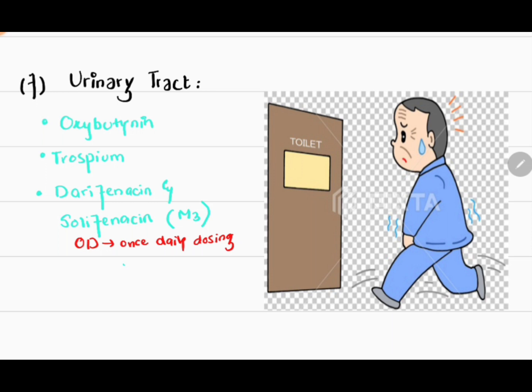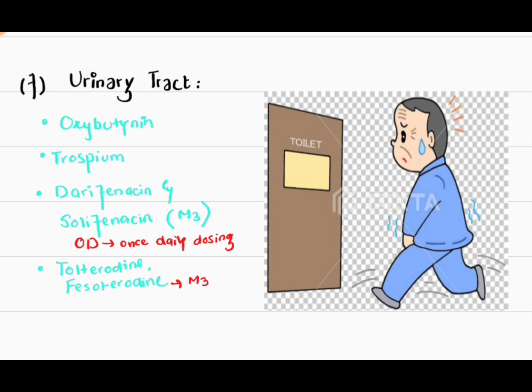We also have other drugs in the antimuscarinic group: tolterodine and fesoterodine. Both these drugs are selective for the muscarinic 3 receptors, and they are available for use in adults with urinary incontinence.